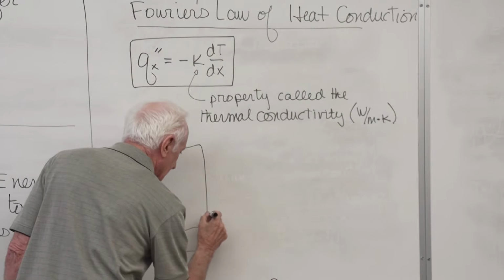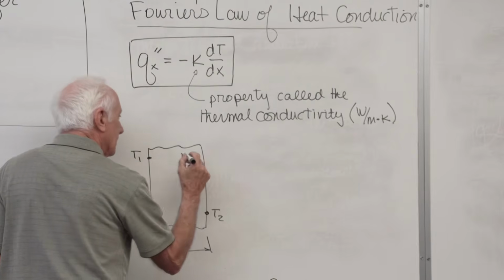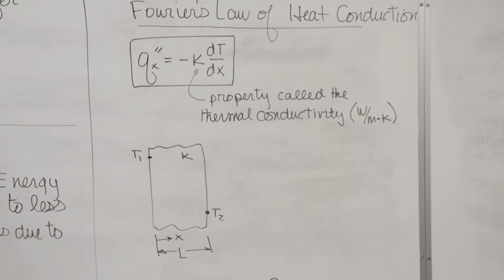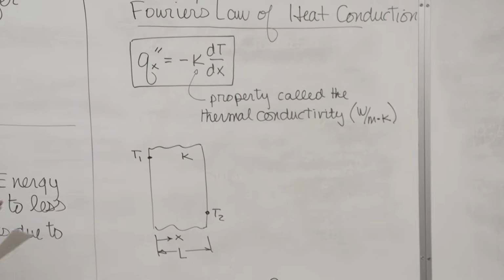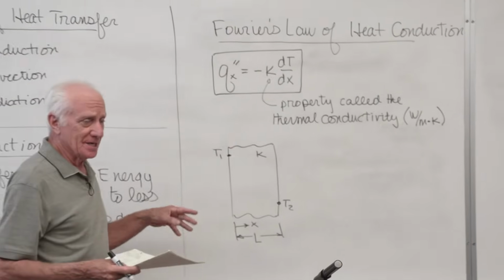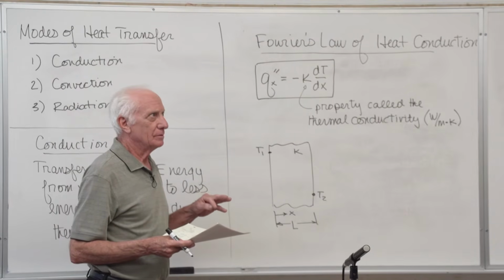The temperature on the right-hand side is a cold temperature, T2. The material has thermal conductivity k. This is one-dimensional heat conduction. We'll discuss that in chapters 2 and 3.